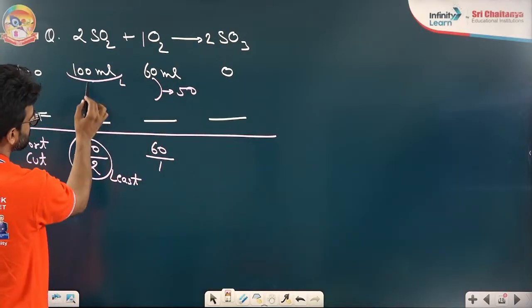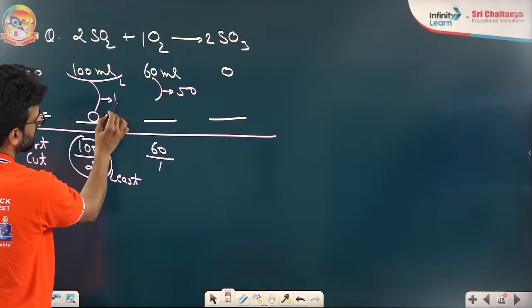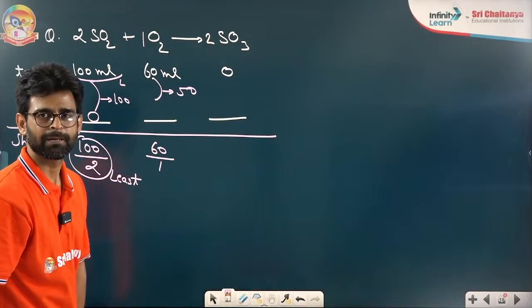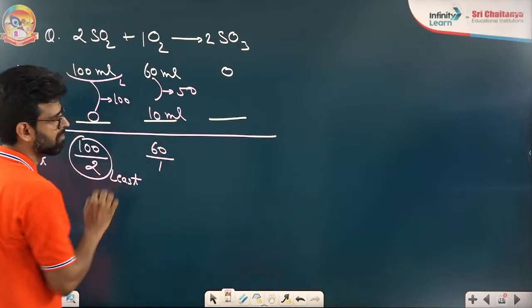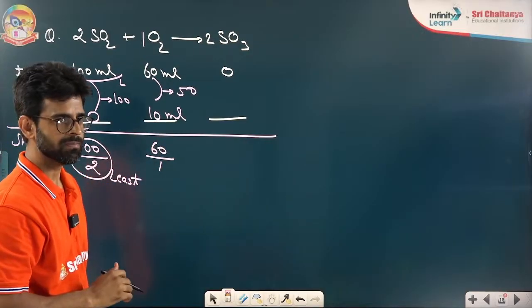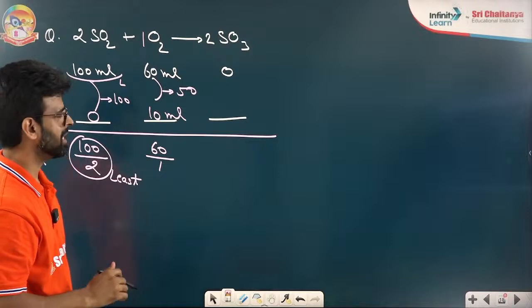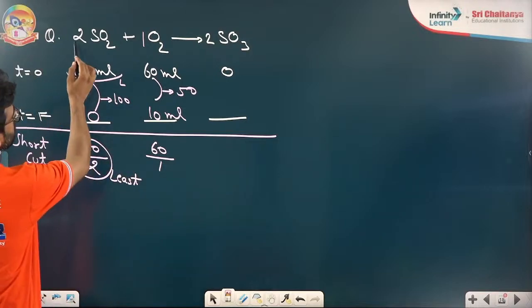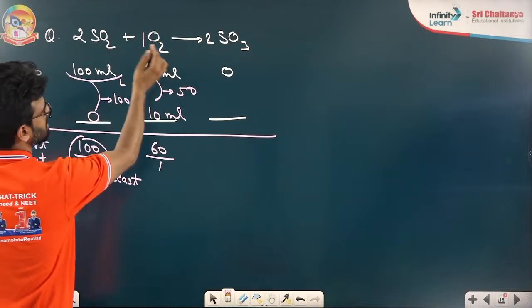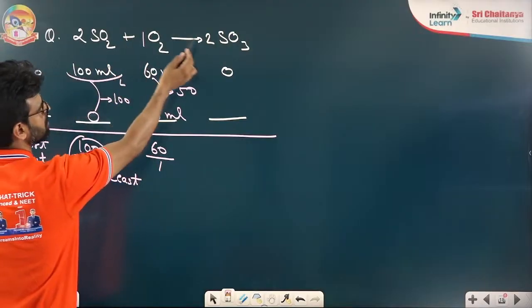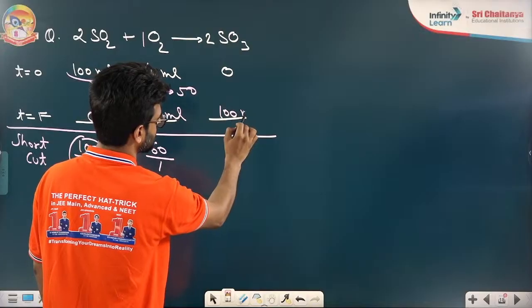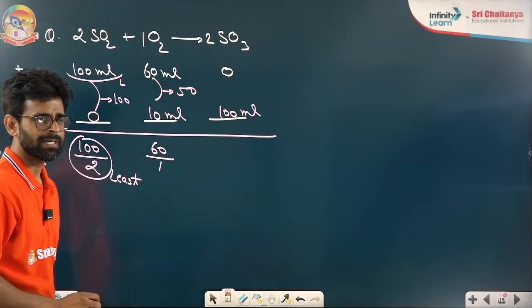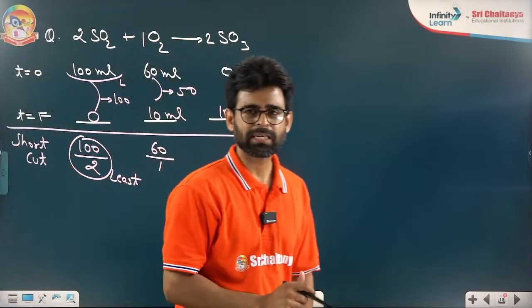So how much will remain extra here? 10 ml volume will remain extra. And now the product: 2 ml makes 2 ml, or I can say 2 mole makes 2 mole. So 100 ml will make 100 ml. Got the point, everyone?